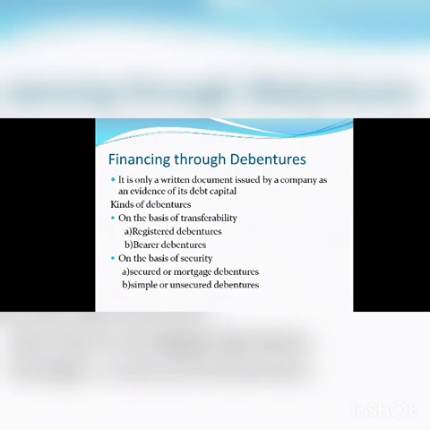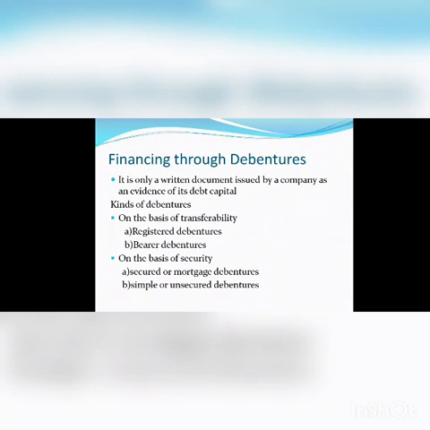So it is an instrument in writing acknowledging a debt under the seal of the company, usually secured by a fixed or floating charge on the assets of the company. Debentures are classified on the basis of transferability, security, on the basis of redeemability, on the basis of convertibility.